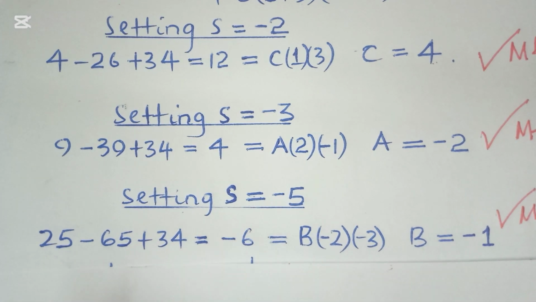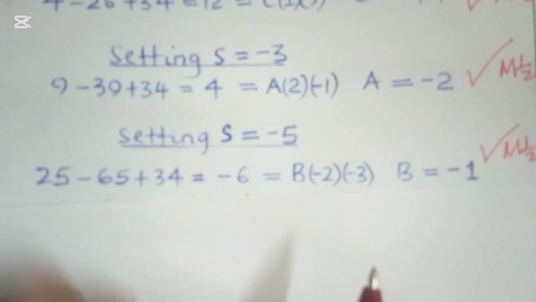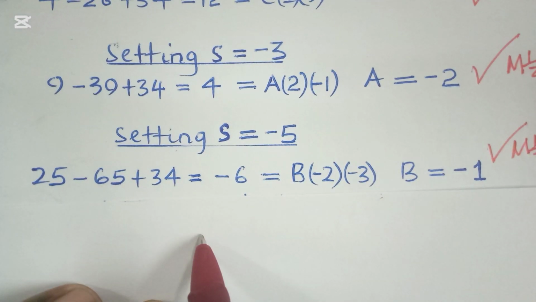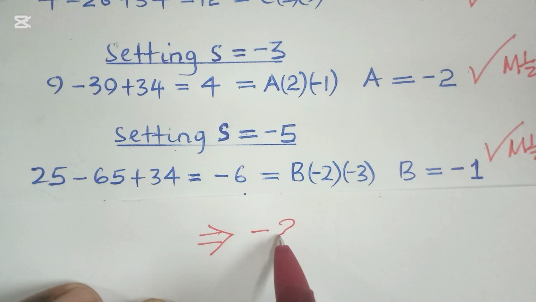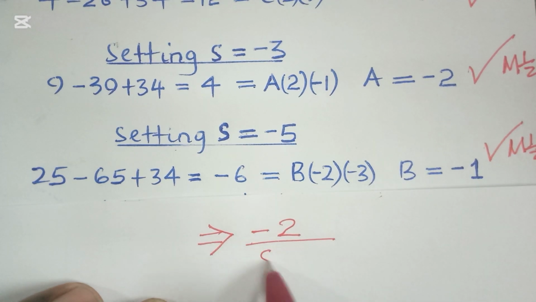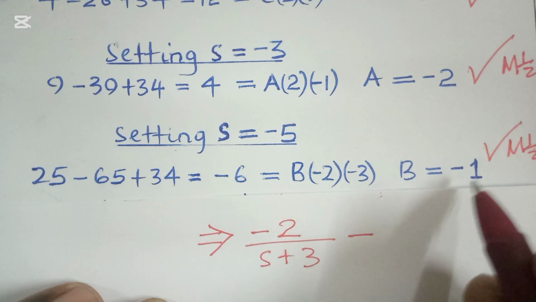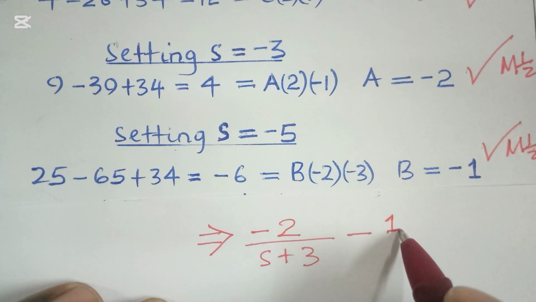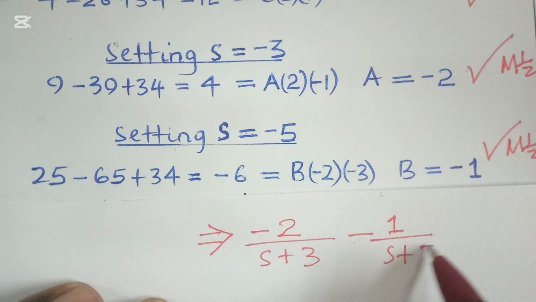So from there, guys, we now write our equation. It is now going to be A is -2, so that is -2 over s plus 3, plus B is -1, so this one is going to be negative, all over s plus 5.